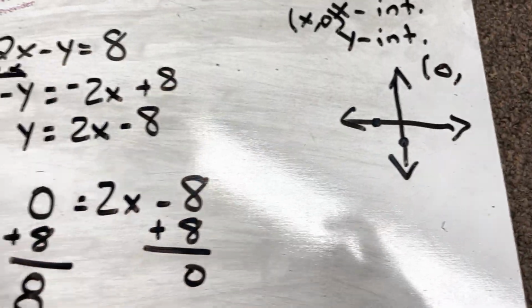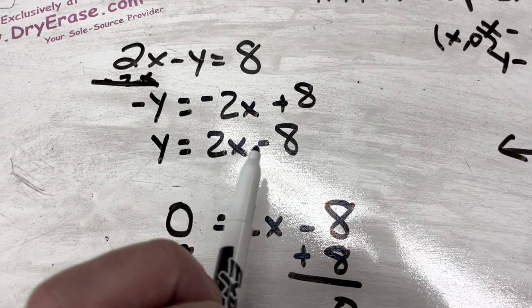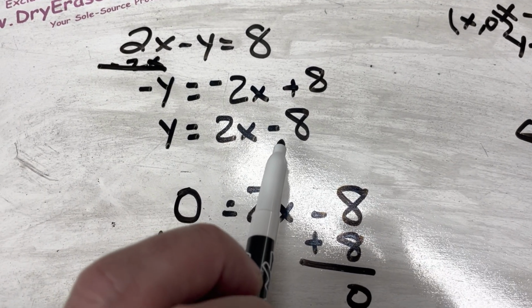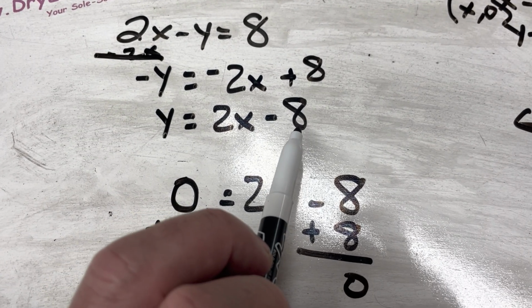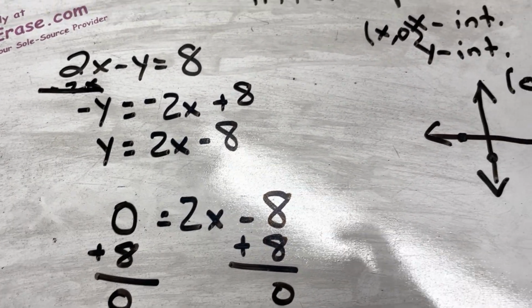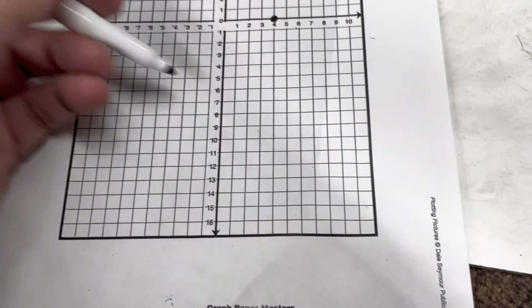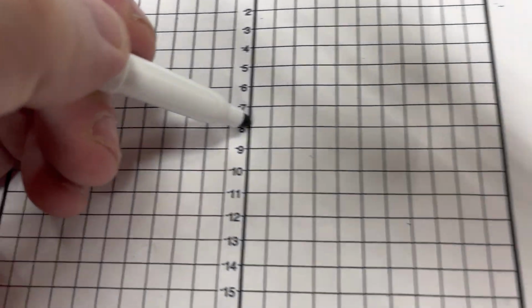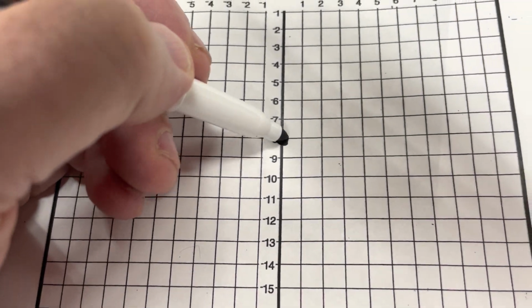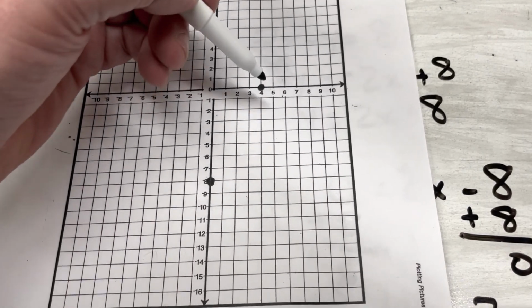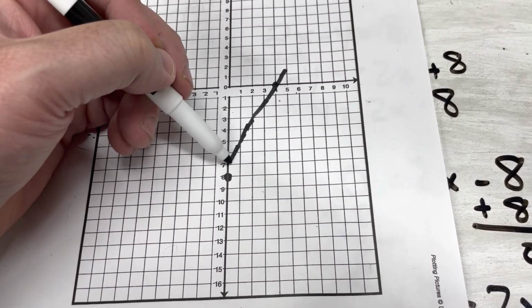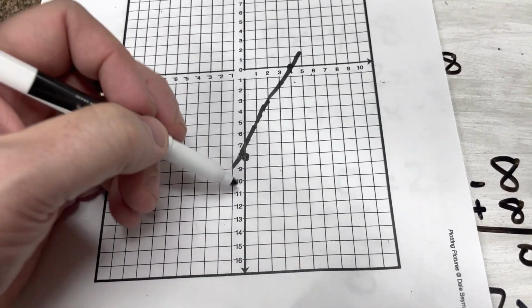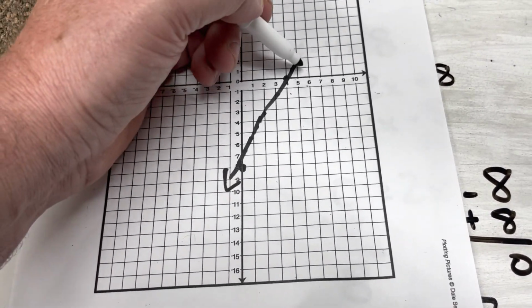Now it's time to figure out the y-intercept. We already have it in slope-intercept form, so we know that it's negative 8. So I'm going to go to my graph and zoom in there a little bit. Negative 8. When you actually do your assignment, you'll need to use a straight edge, but it's kind of hard to do that holding the camera and holding a marker.